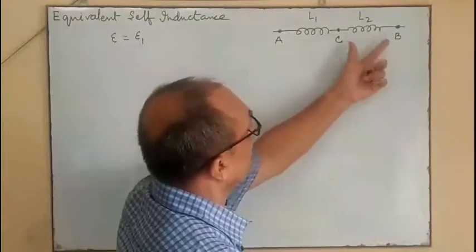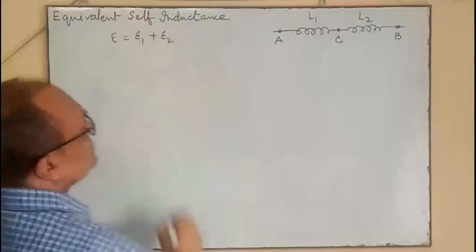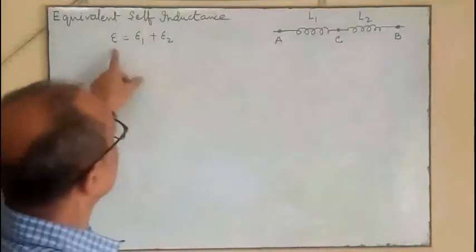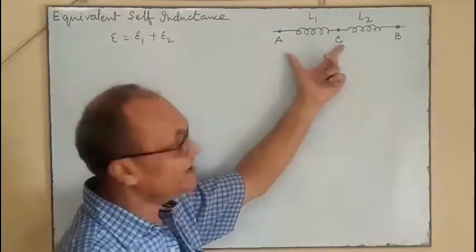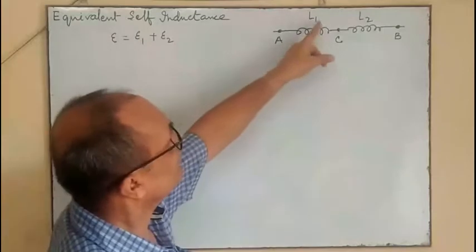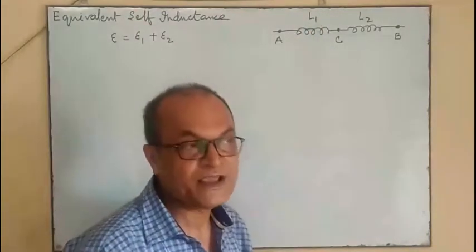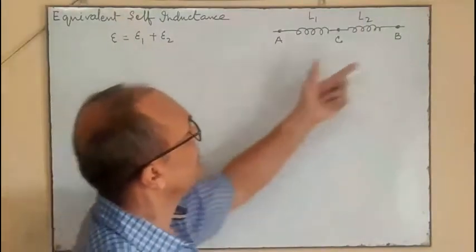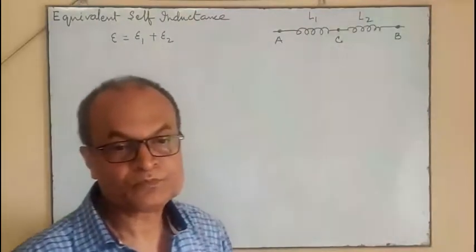The potential difference between A and C is epsilon 1. The potential difference between C and B is epsilon 2. Epsilon 1 is the potential difference across the inductor which has self-inductance L1, and epsilon 2 is the potential difference across L2.